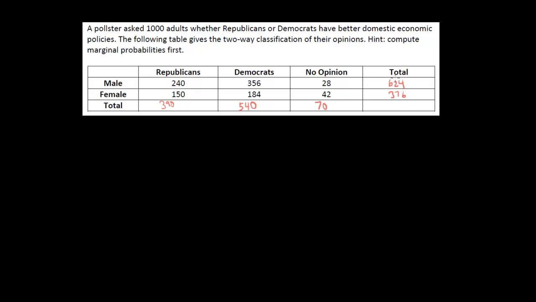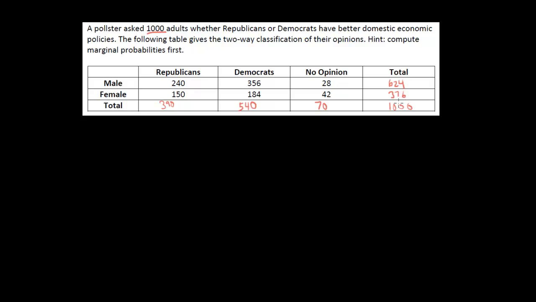Now, the way you know you've done this right, or maybe you've just gotten lucky with your mistake, is if you add the total column vertically, you should get the total number of people, 1,000. And if you add this total row, you should get 1,000. So let's see, 390 plus 540 plus 70 gives me 1,000. So horizontally I get 1,000.